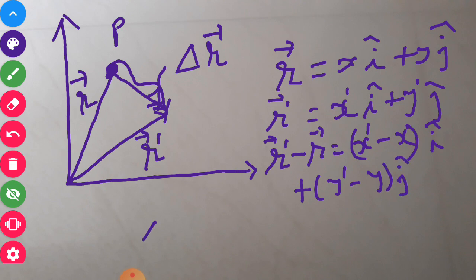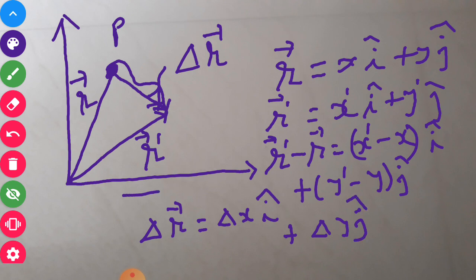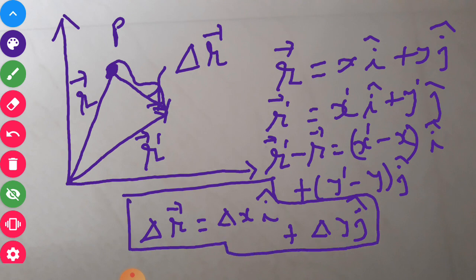So we can write this displacement delta r as the change in x coordinate, delta x, instead of x prime minus x, delta x i cap plus delta y j cap. This is the change in position, or rather the change in coordinates. This way you can write it.